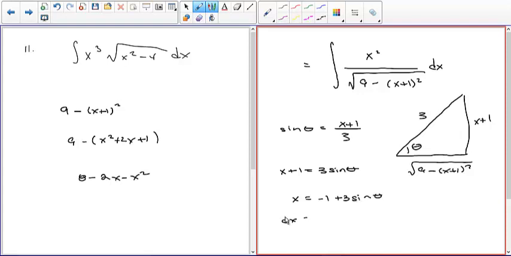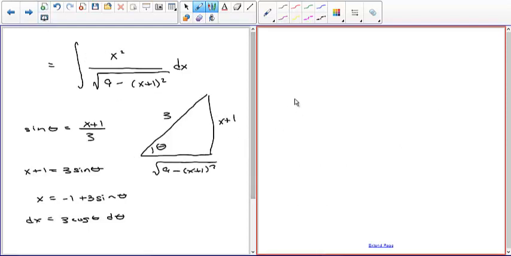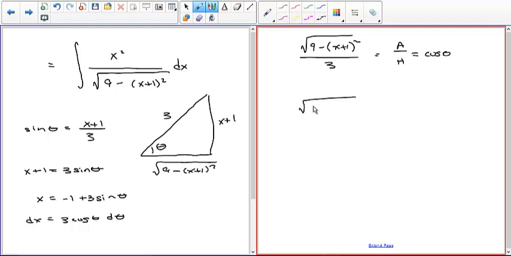So dx is going, this goes to 0. So you get 3 cosine theta d theta for dx. And the ratio of the square root term to the constant term, in this case, it's the adjacent over the hypotenuse, which is the cosine of theta. So the square root of 9 minus x plus 1 squared is equal to 3 cosine theta.